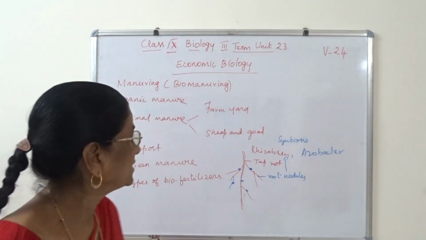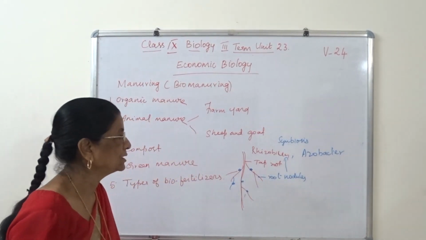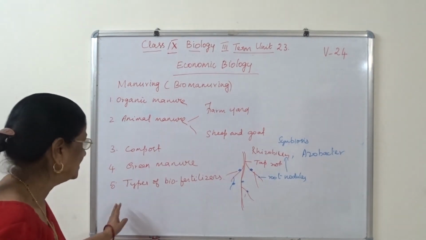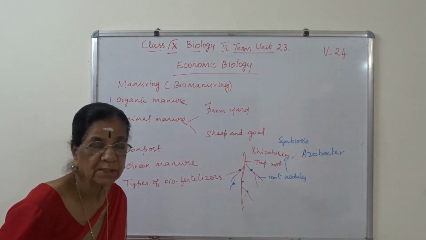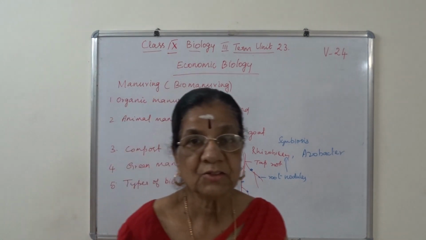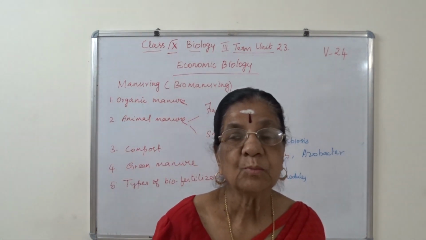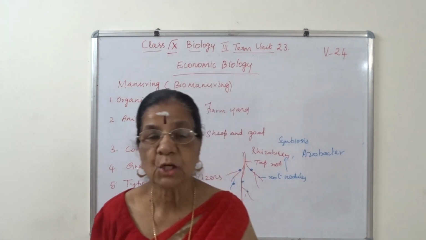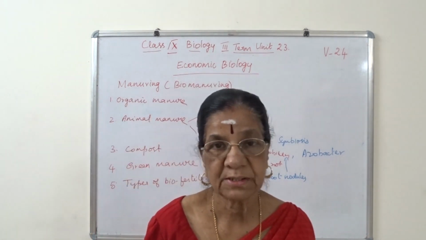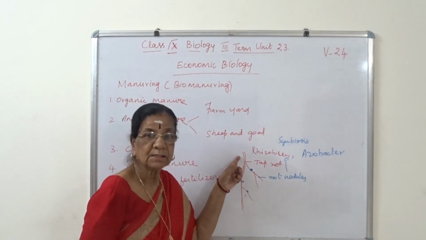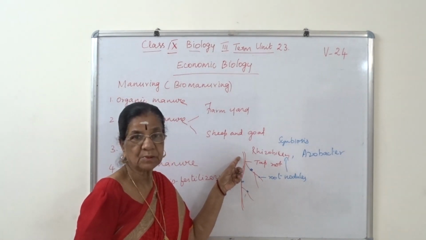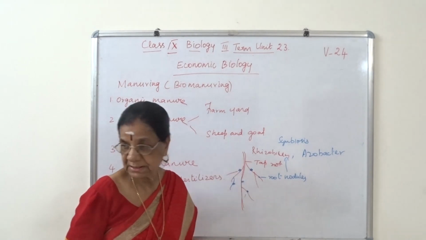What we are talking about is symbiosis. In the types of biofertilizer, we are talking about Rhizobium, where symbiosis is a phenomenon in which two partners are mutually benefited. One is the taproot system of the leguminous plant.